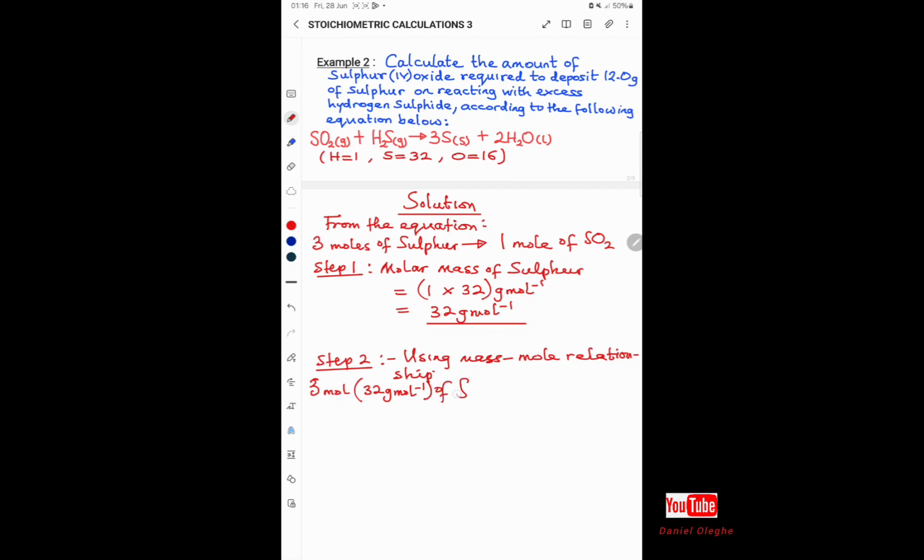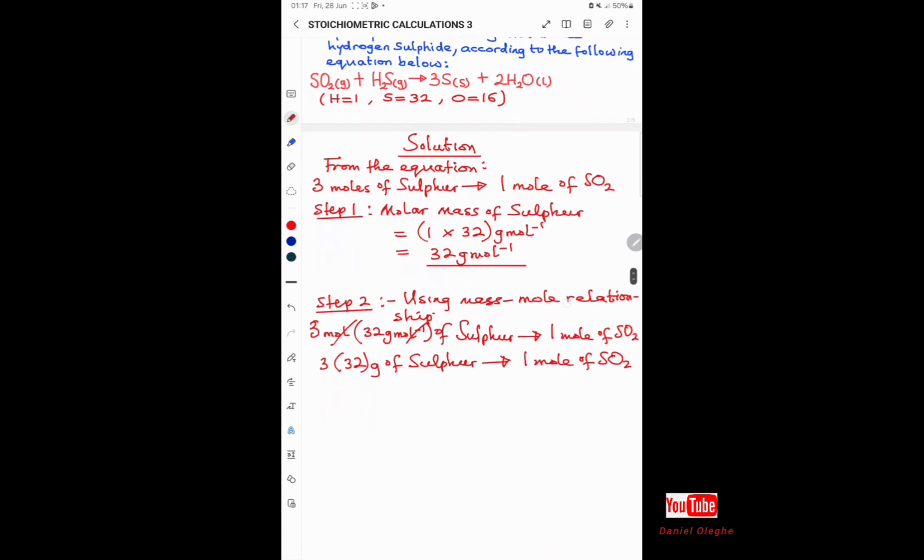So of sulfur produced by 1 mole of SO2, the mole will cancel each other to give us 3 into 32 grams of sulfur produced by 1 mole of SO2, and that will give us 96 grams.